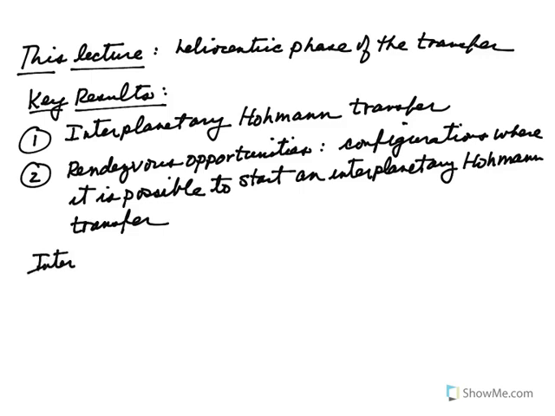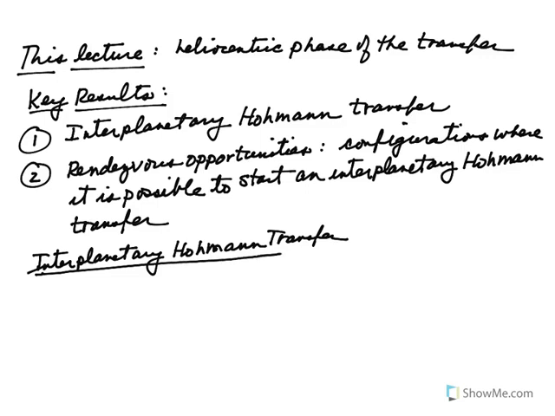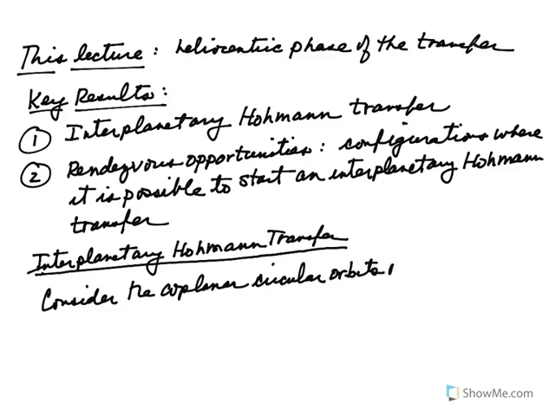So an interplanetary Hohmann transfer of a spacecraft is performed in the following manner, which is that suppose we have two planetary orbits. They're going to be coplanar circular orbits. So consider the coplanar circular orbits of two planets.